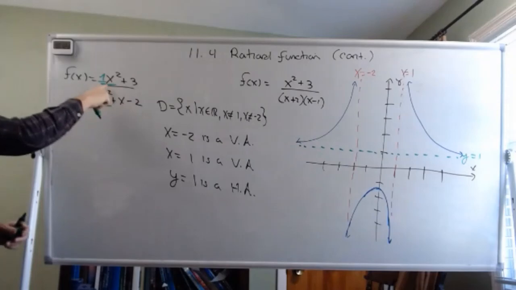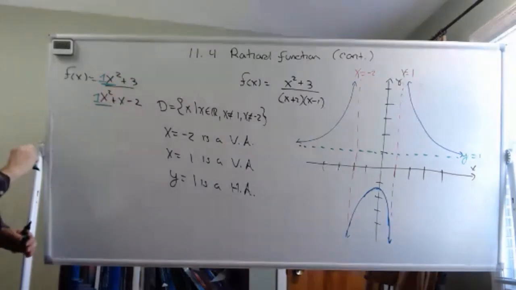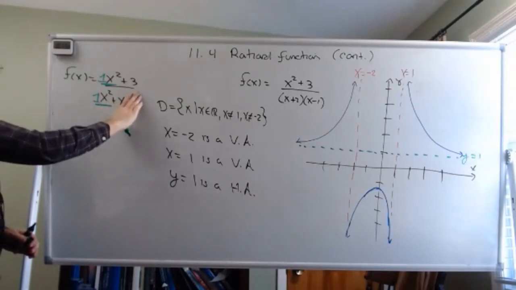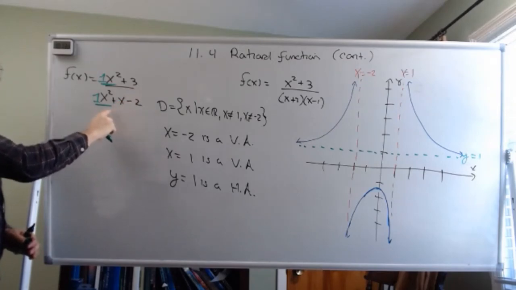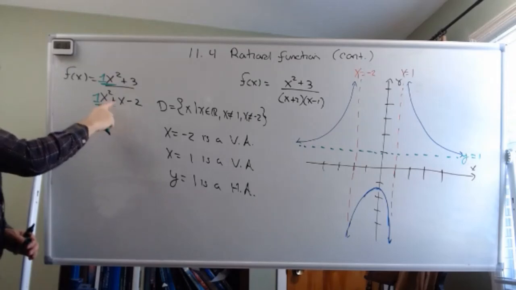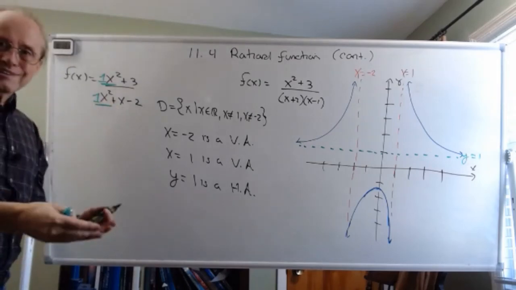Meaning, as x gets very large, that 3 becomes insignificant. As x gets very large in the denominator, obviously the minus 2 doesn't matter, but also the x doesn't matter. For example, if x is a billion, a billion squared plus a billion, well, a billion squared is a billion times larger than this.